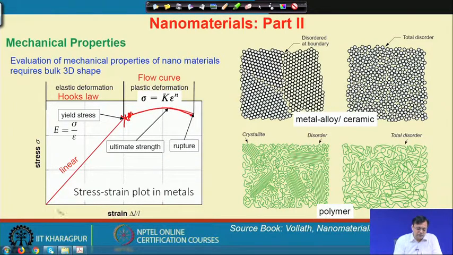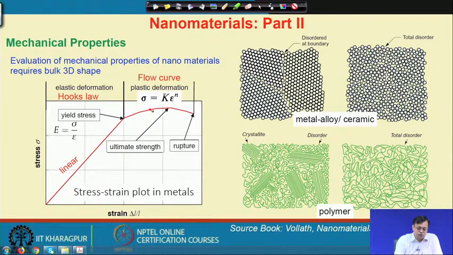Please remember that this is a stress strain plot unique for a uniaxial stress level. Uniaxial means I have a sample and simply I am putting some stress in this direction and so on. However, the non-linear portion represents the plastic deformation, meaning permanent deformation.